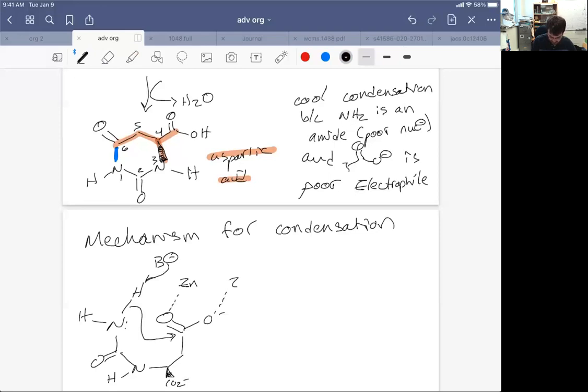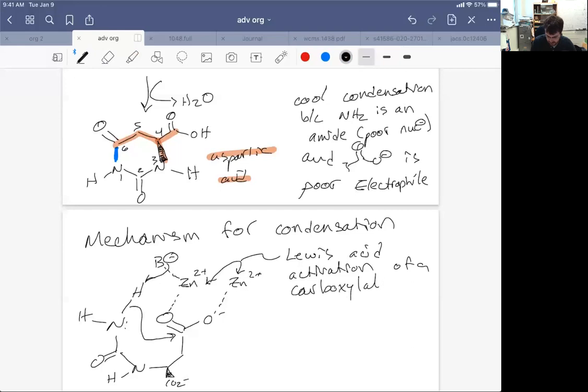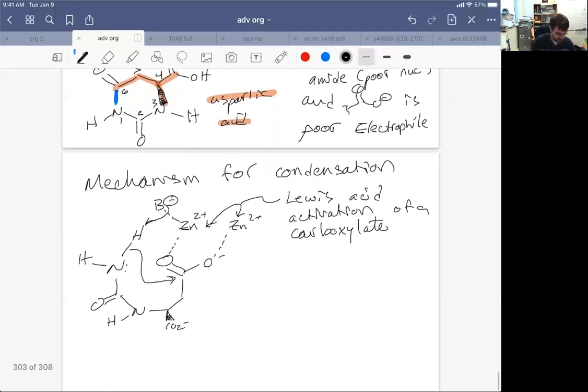And to do that, we use 2 zinc 2+ metals, one of which is also bonding to the base. The other one is bonding to the other parts of the enzyme. And so these 2 zincs activate the carboxylate in a Lewis acid manner, so that we can have our nucleophile addition.